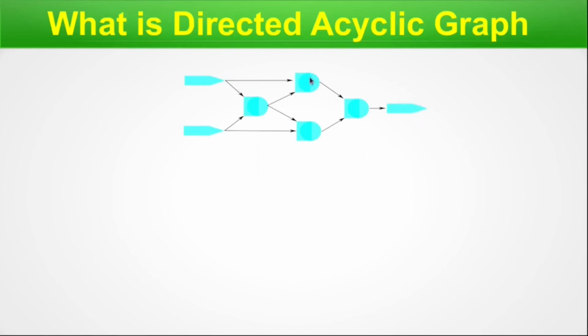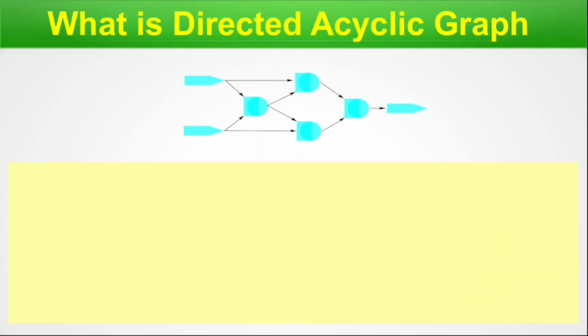In between we have multiple logic gates connected as per the design. Here the gates are treated as nodes and nets. These are nets. This is a net. This is a net. This is a net. Nets are treated as links of the graph. So basically when we draw a graph, we constitute a graph with nodes and links. The nodes are here the gates and the links are here the nets for this directed acyclic graph.